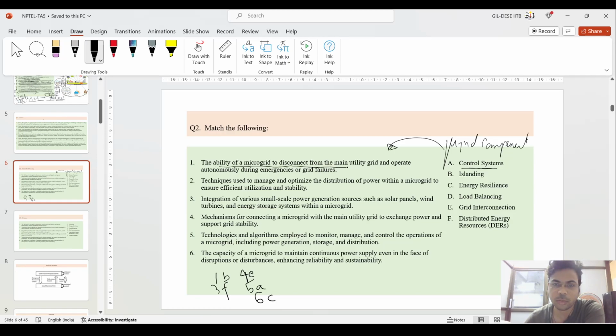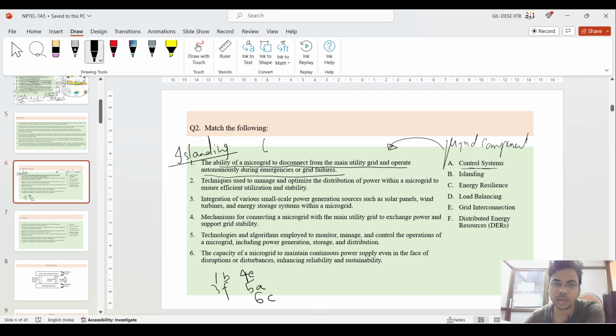So let's read the first statement. The first statement says the ability of a microgrid to disconnect from the main utility grid and operate autonomously during emergencies or grid failure. Actually, this is the condition of islanding. Why?